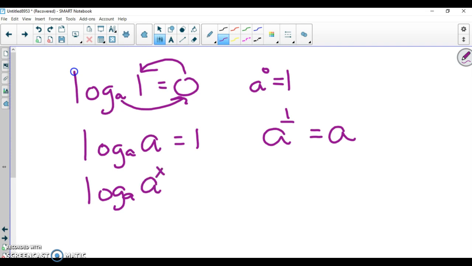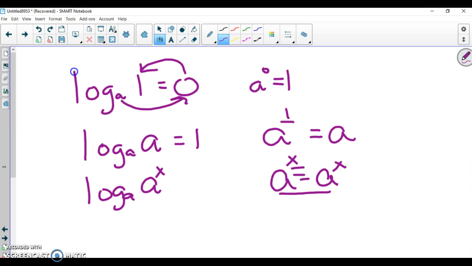The third one, log base A of A to the x, is saying A to what power is A to the x? And we know that to be x. We look over here. A to what power is A to the x?